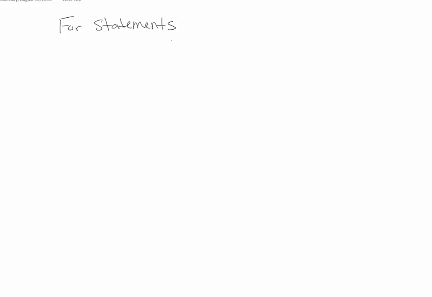So where our while statements required a condition inside of the parentheses that was going to evaluate to true, we had the block of code that we executed, and then we had to maintain a counter. For statements allow us to take a more compact, lightweight stance to creating repetition in our programs.